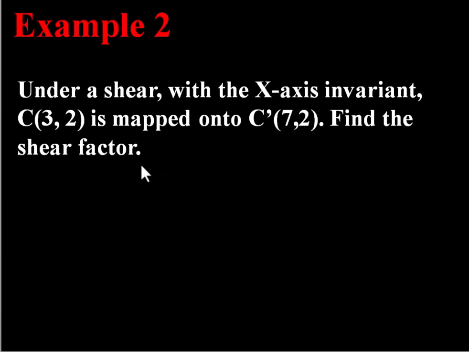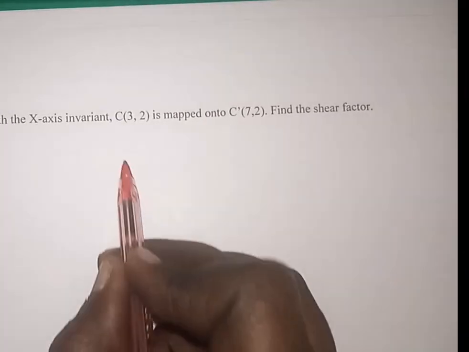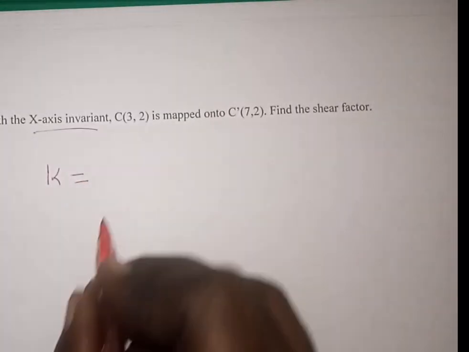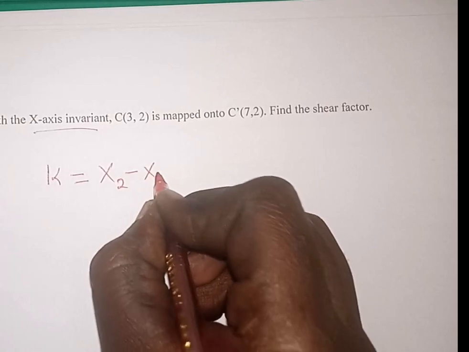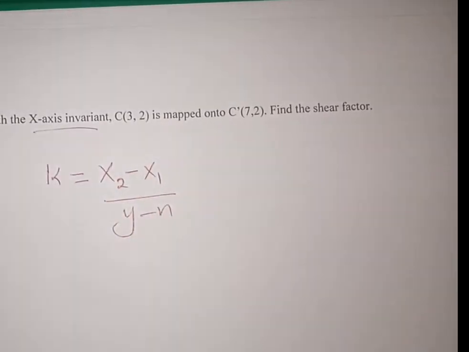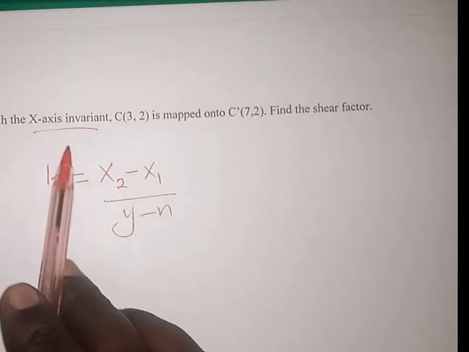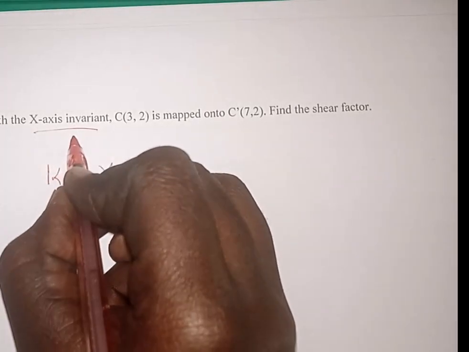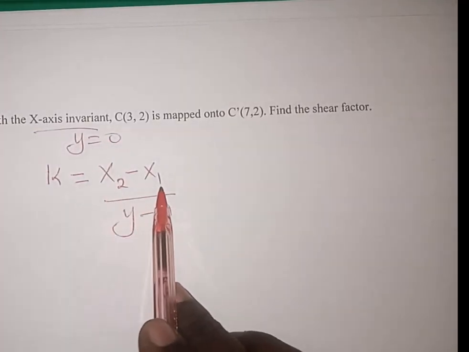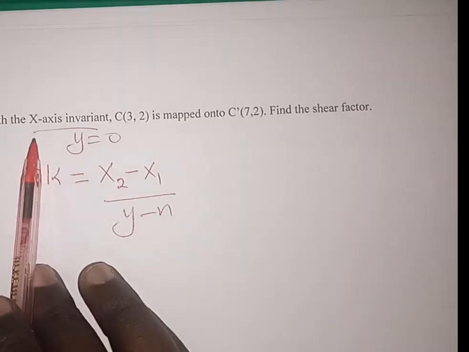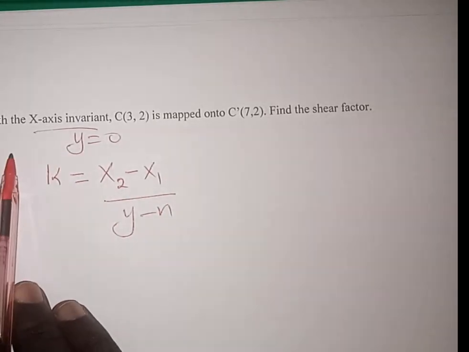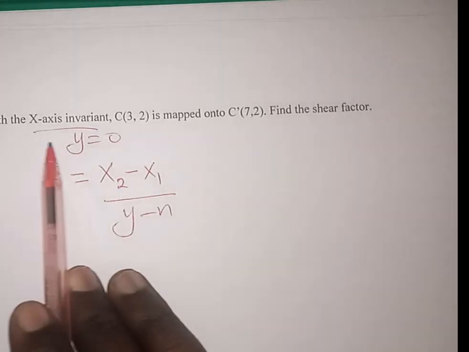Find the shear factor. Under x-axis invariant, shear factor k is calculated as x2 minus x1 all over y minus n, where n is the invariant line. In this case, the invariant line is the x-axis, which is also known as y equal to 0. And we are doing x2 minus x1 simply because under the x-axis invariant, the points are supposed to shift in a direction that is parallel to the invariant line, which is the x-axis.